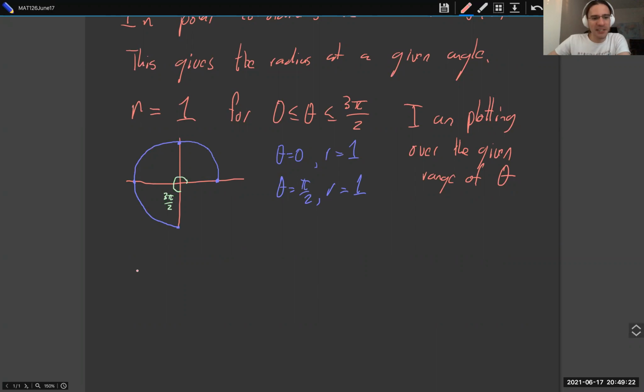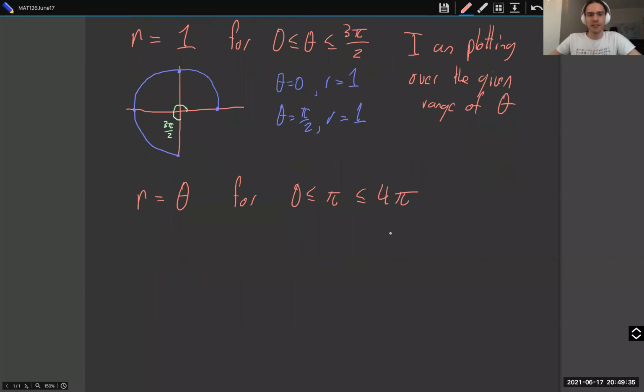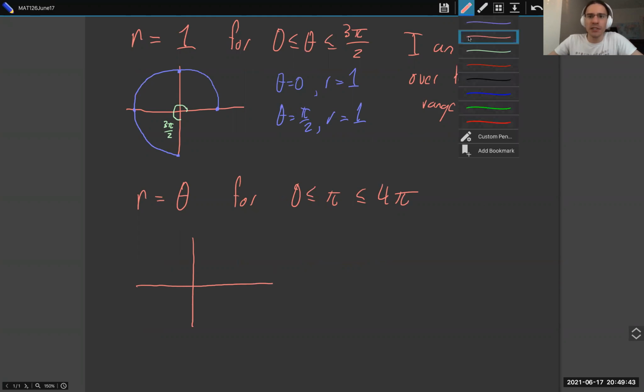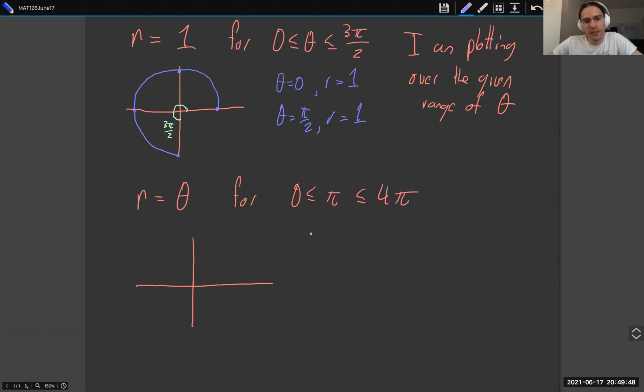Okay, let's consider the example r equals theta. And let's consider this for theta between 0 and 4 pi. So we're going to go around the circle twice. So when theta is equal to 0, r is equal to what? Let's draw a table. Theta, r, right?